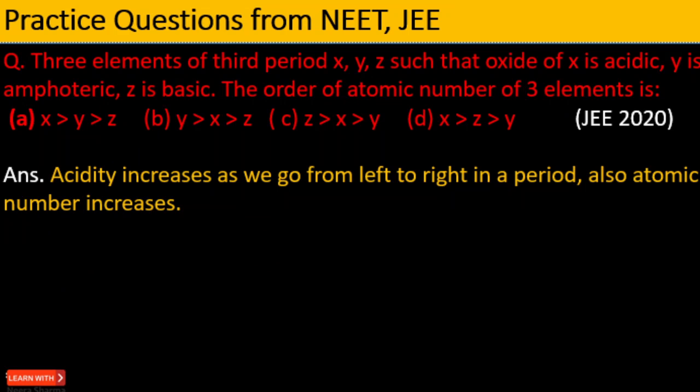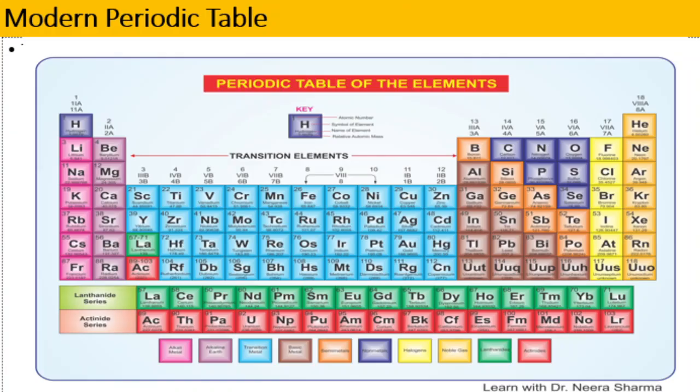Three elements of third period X, Y, Z such that oxide of X is acidic, Y is amphoteric and Z is basic. The order of atomic numbers of the three elements is, now if we take the periodic table, then the acidity increases as we go from left to right in the periodic table.